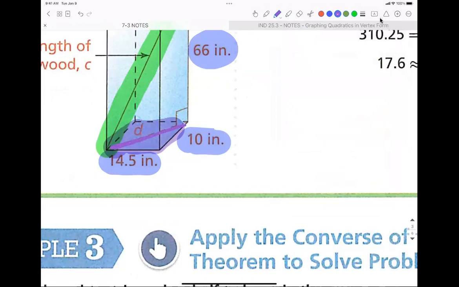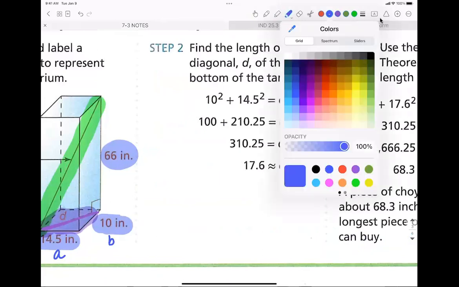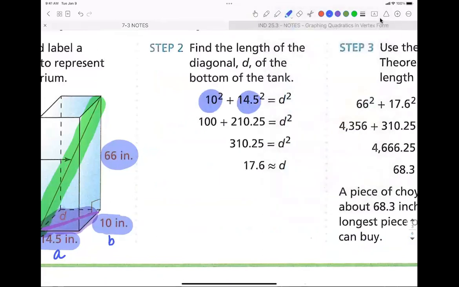We can do that by leg squared plus leg squared equals that D, the diagonal of the base. So that's what they've done here. Leg squared, add them together. At this step right here, they took the square root of both, and they got that the diagonal was 17.6.